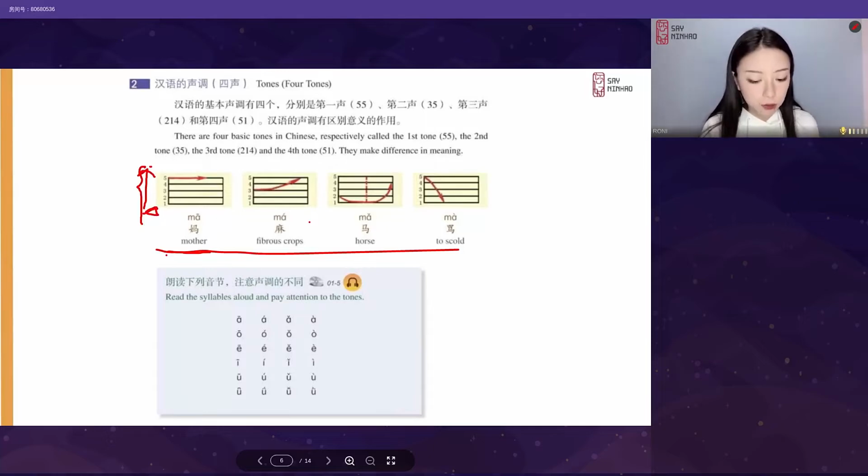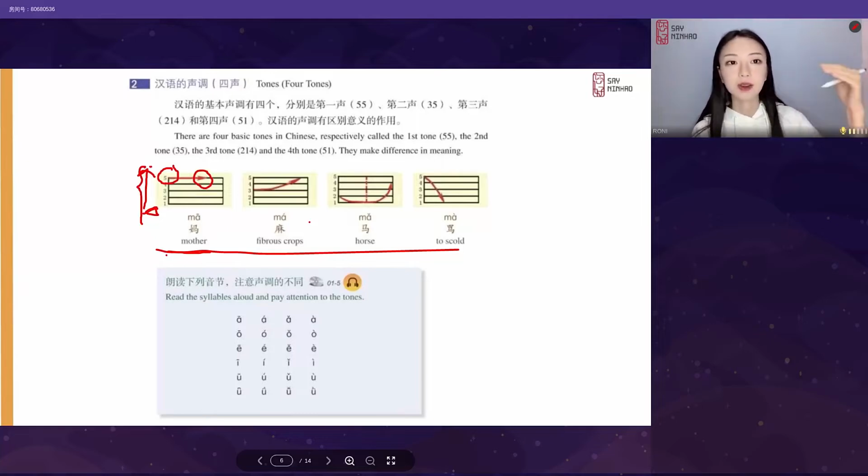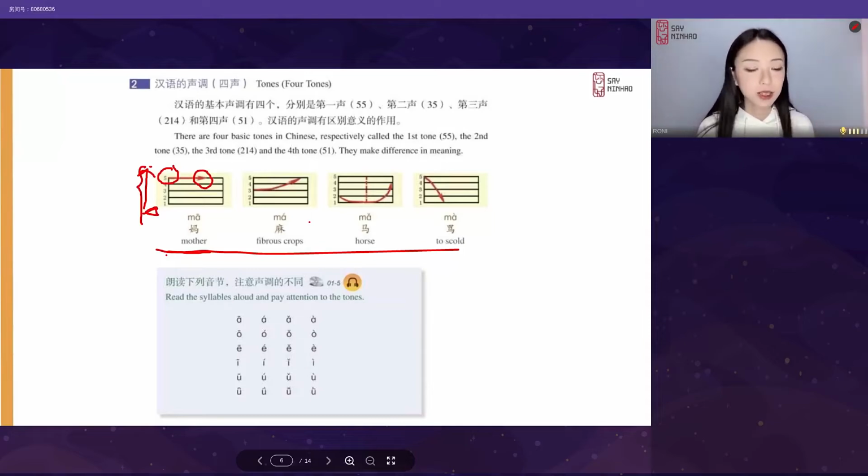Ma. We can see it started from pitch 5, the highest pitch 5, and it ended at pitch 5 too. So it is a level, flat sound. Ma, always on the highest pitch. And this is first tone.